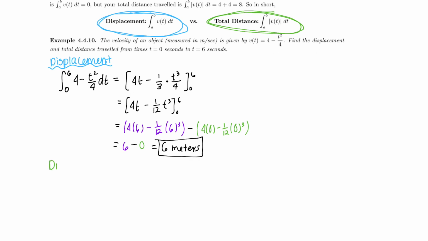Now, total distance, on the other hand, requires us splitting up this integral because we're going to do the absolute value.